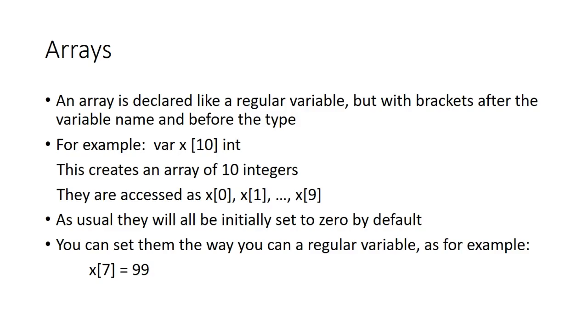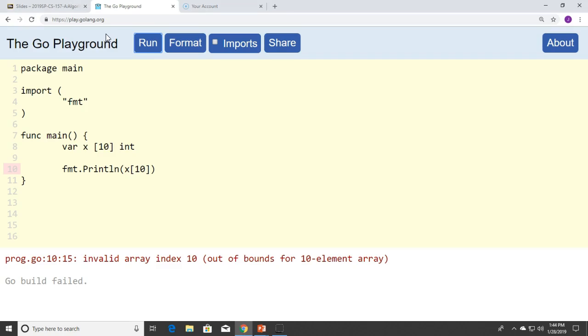All right. Now notice that on this slide, I said that they're initially set to 0 by default, but look at the bottom line. You can set them the way you can a regular variable using an assignment statement, and setting equal to. So I can make x sub 7 equal to 99, for instance.